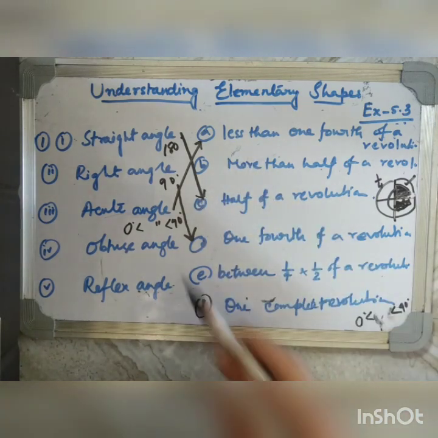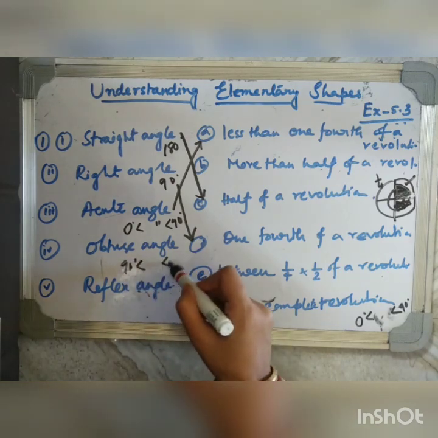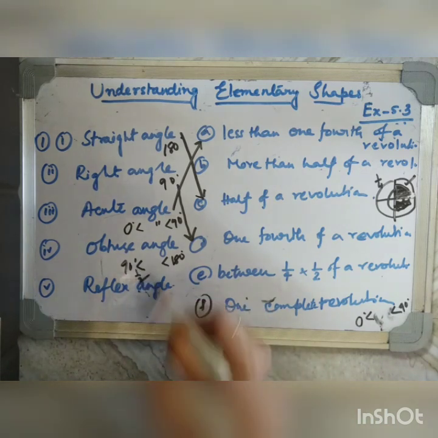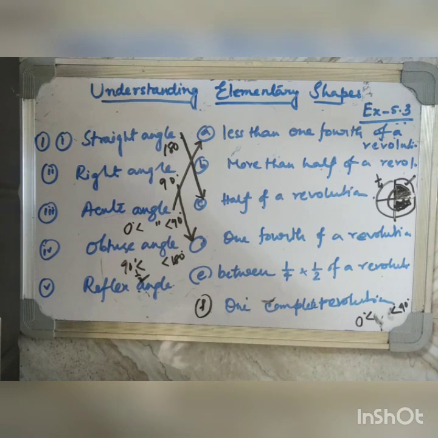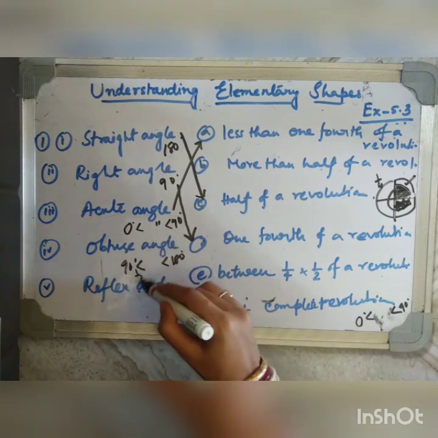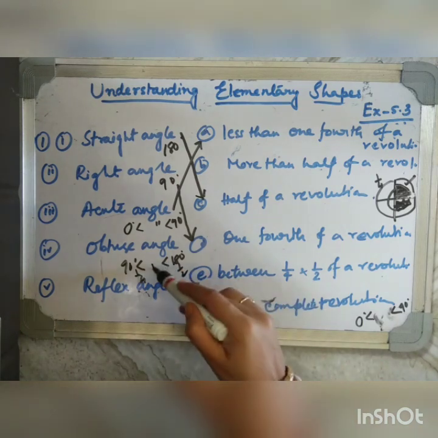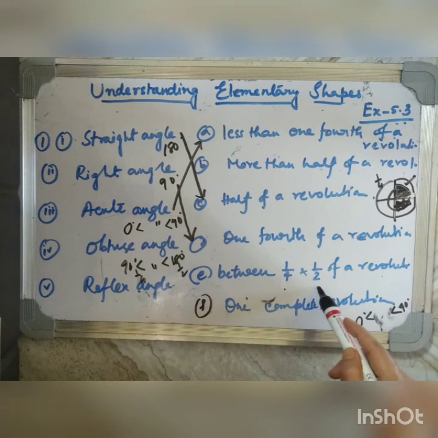Okay, now obtuse angle, which is more than 90 degree and less than 180 degree. 90 degree means 1/4 of the revolution, and 180 degree means half of the revolution.